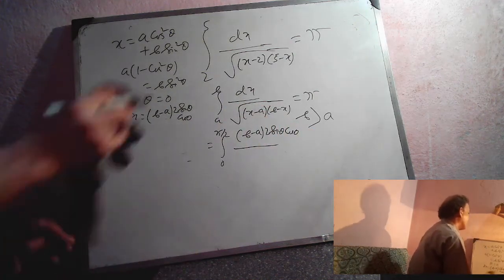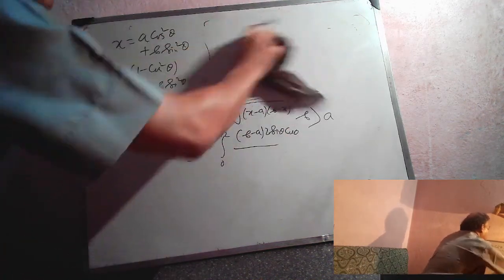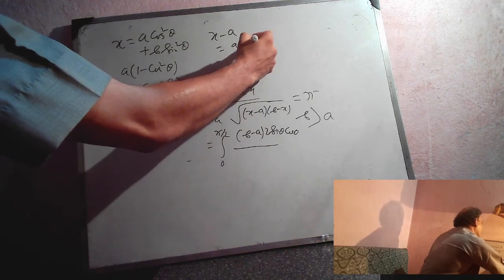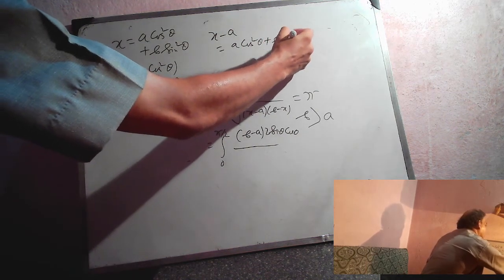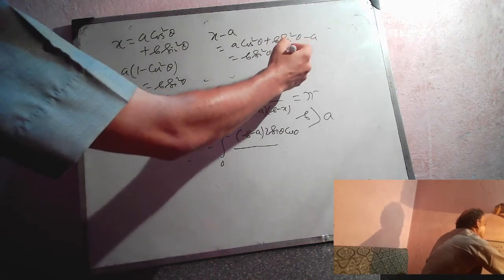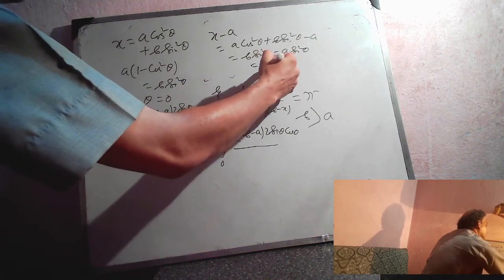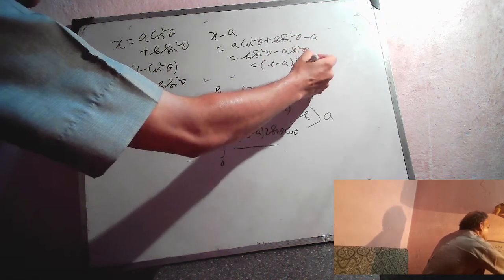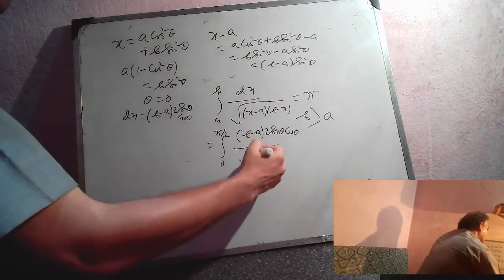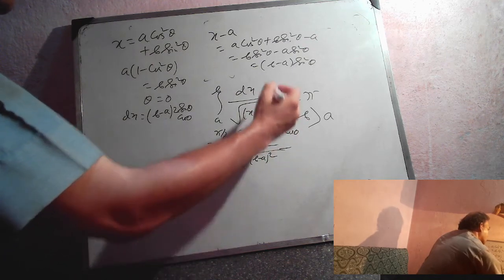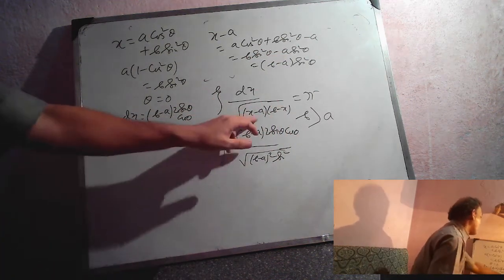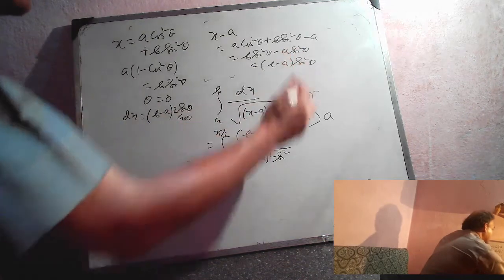Now x minus a equals a cos square theta plus b sin square theta minus a, equal to b sin square theta minus a sin square theta, or b minus a sin square theta.